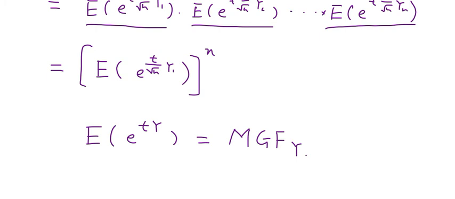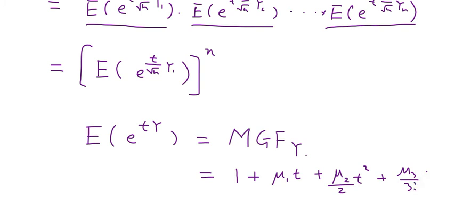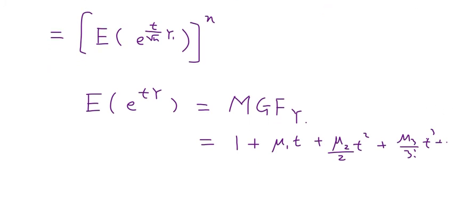So what is the moment generating function of y? We know this equals 1 plus mu 1 t, plus mu 2 over 2 factorial t squared, plus mu 3 over 3 factorial t cubed, like that, right? The moment generating function for y is this, where mu 1, mu 2, mu 3 are moments of y.